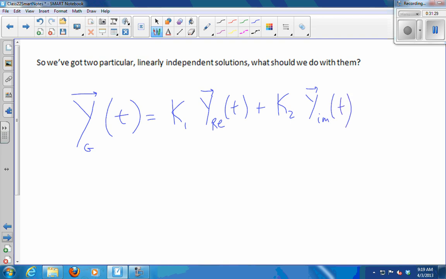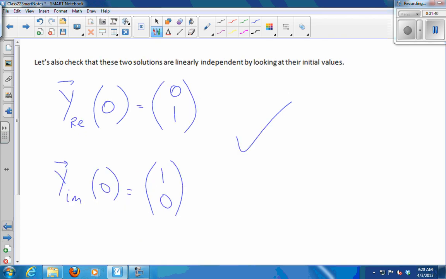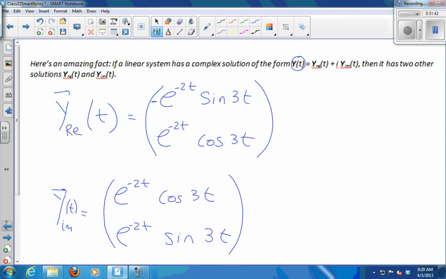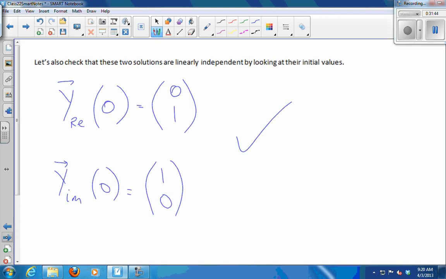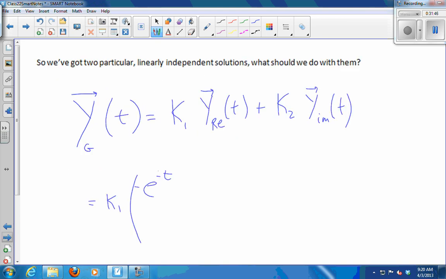And then we could write them all out. Well, okay. K1, y real, that's negative e to the negative t sine 3t.